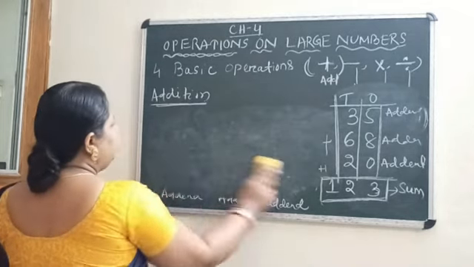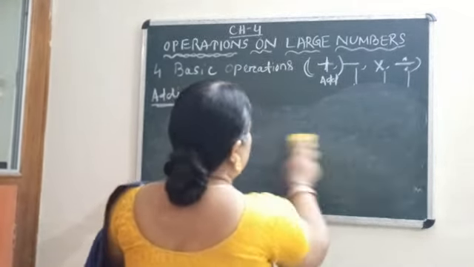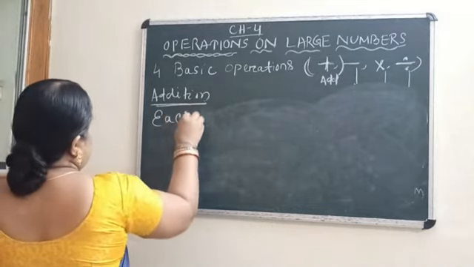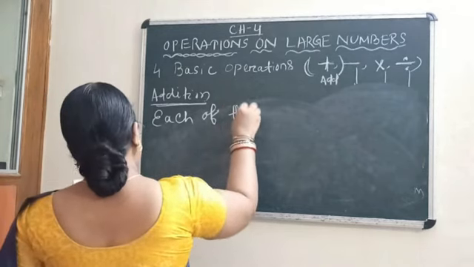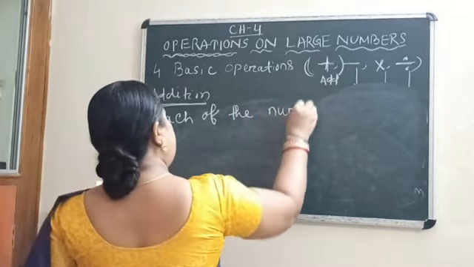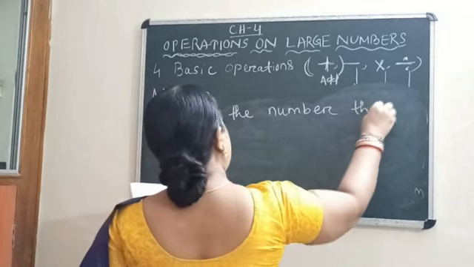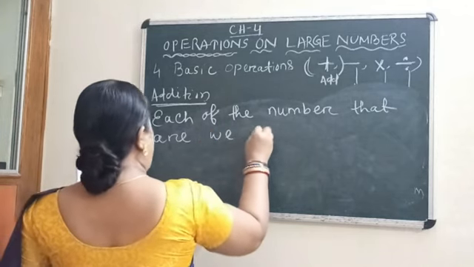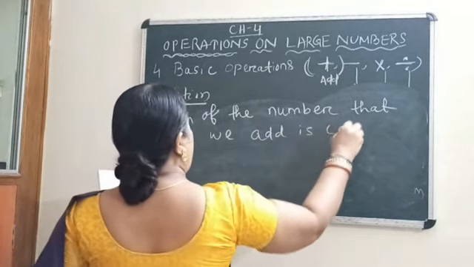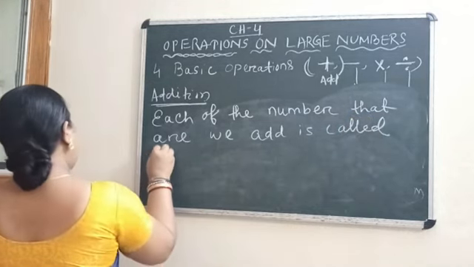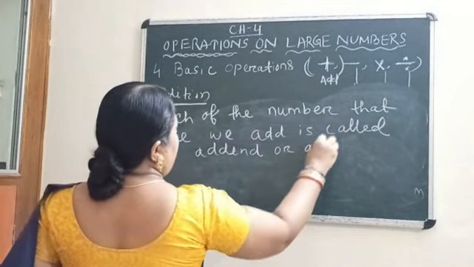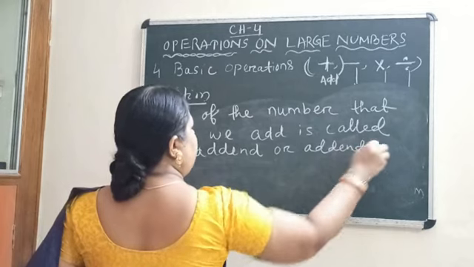Okay. Then each of the numbers that we add is called an addend or addendum.